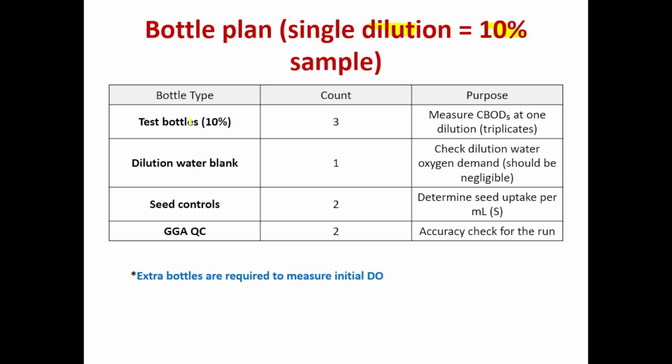We are preparing this test in triplicate, so we need to take 3 bottles for the test, one bottle for dilution water blank, two bottles for seed control, and two bottles for GGA quality control check.